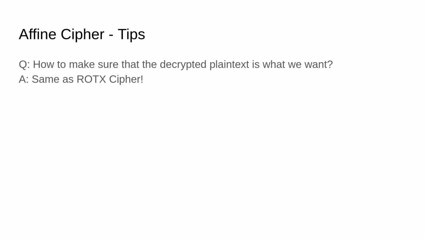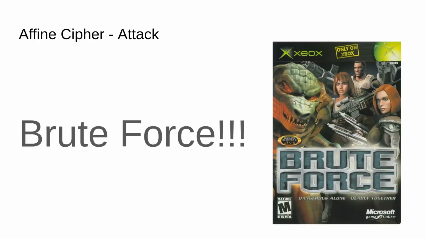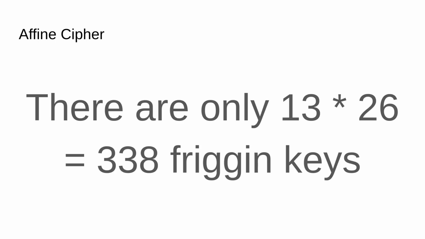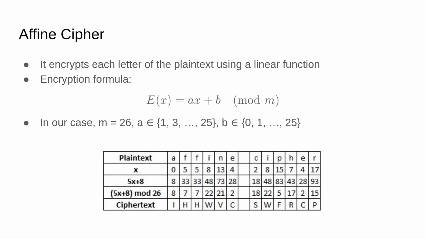How do we make sure there are no collisions after we do ax plus b? Could there be two characters that map to the same cipher character? In our setting, this is actually no, because we make sure that a is an odd number, not an even number. If a is an even number, this might happen.